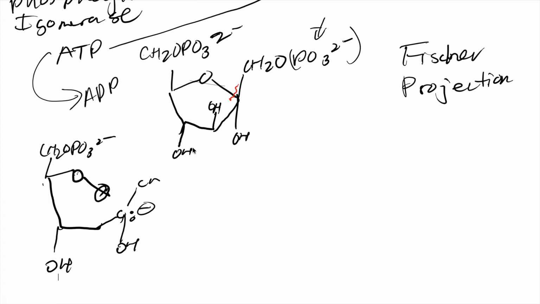Now imagine this rope can swing around and hit this carbon here. If it hits it, it's going to break this hydrogen.